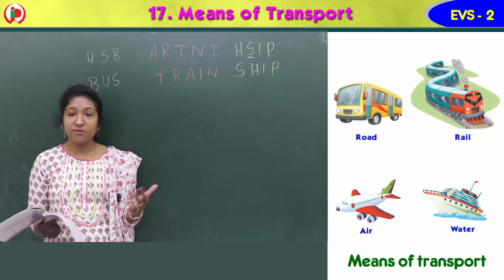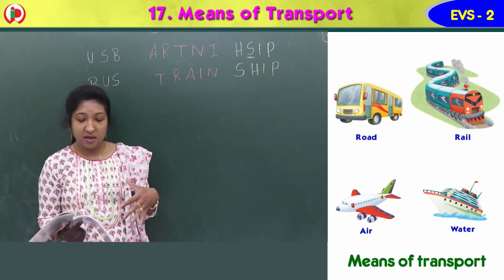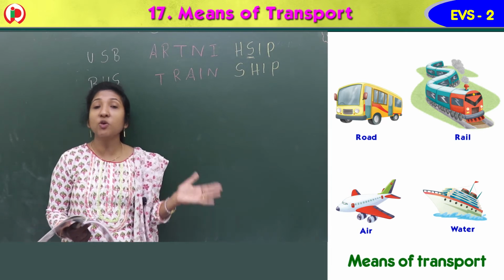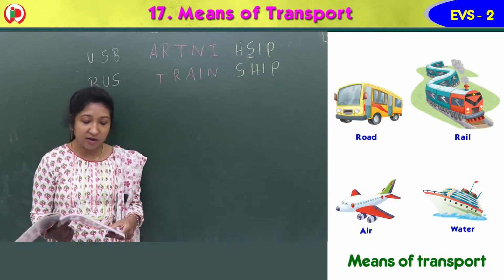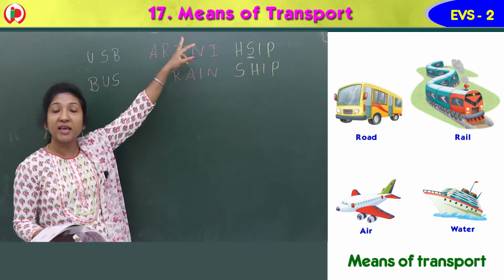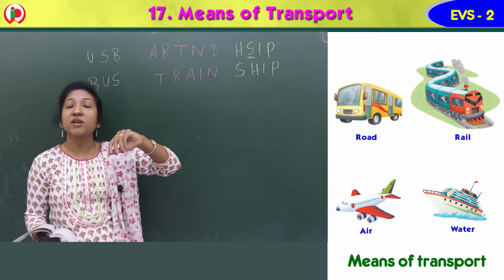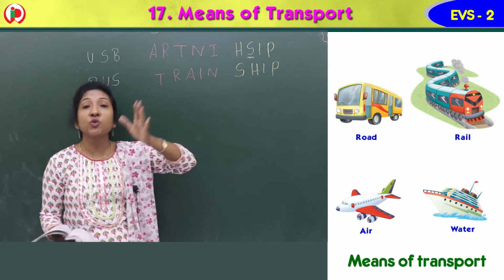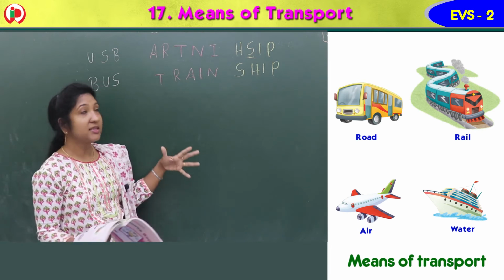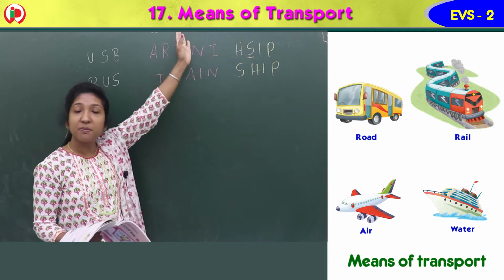We use different vehicles through road, air or water to travel from one place to another place. So these vehicles are called means of transport.